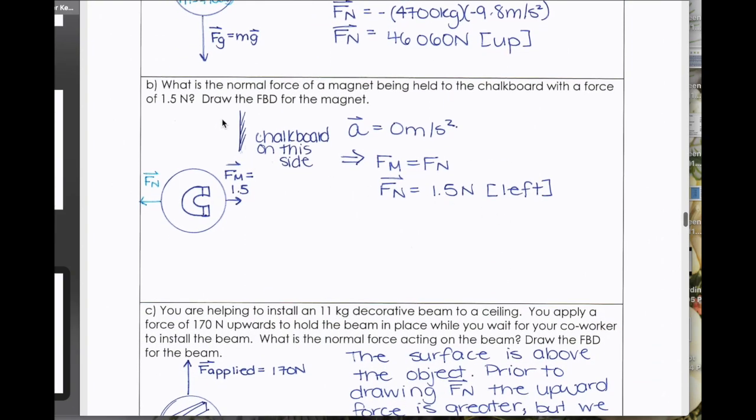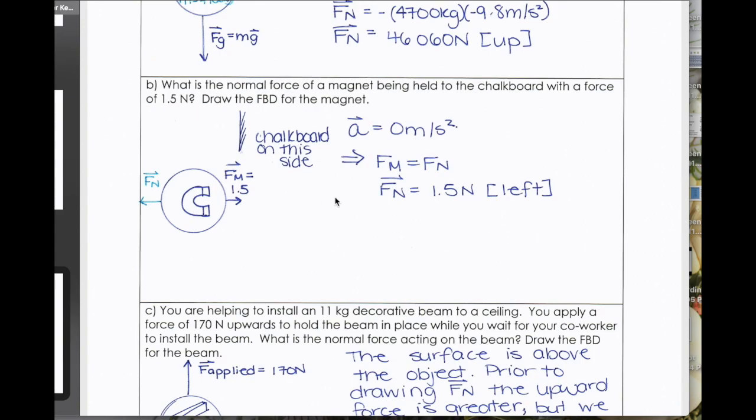For part B, what's the normal force of a magnet being held to the chalkboard with a force of 1.5 newtons? The important thing here is drawing the FBD and determining where the chalkboard is. So here I have drawn that the chalkboard is on this side. The force being applied by the magnet to hold it in place on the chalkboard is 1.5 newtons.